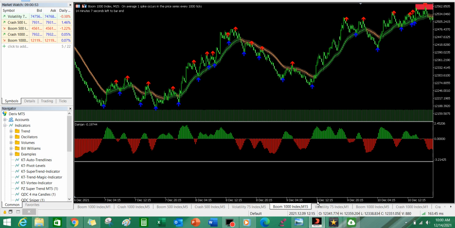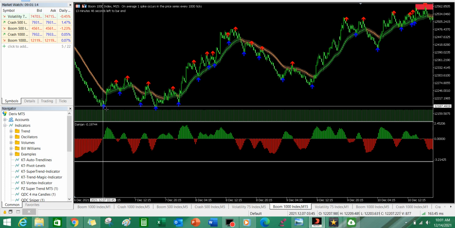For boom it usually happens around the support region, while for crash it usually happens around the resistance region. Right here we are on boom, and if you check around here, you can see a support region, and you can see spikes happening around there.